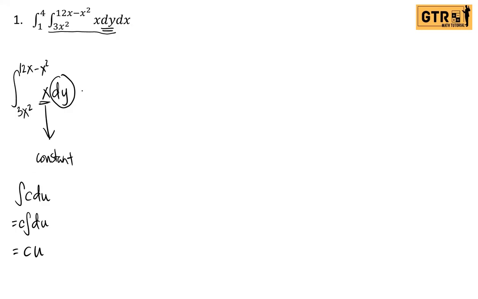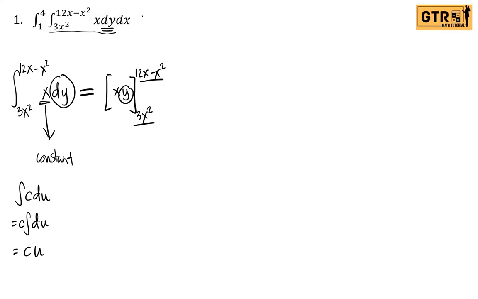Okay, so therefore ang answer na natin dito ay equal lang sa x is constant, so just copy x, and integral of dy is y. And then ang limits natin ay 3x squared and then 12x minus x squared. So apply lang natin yung limits, substitute lang natin dito sa value ng y.